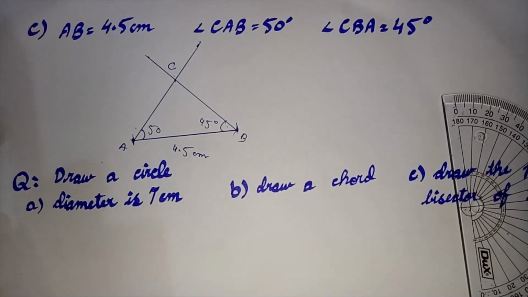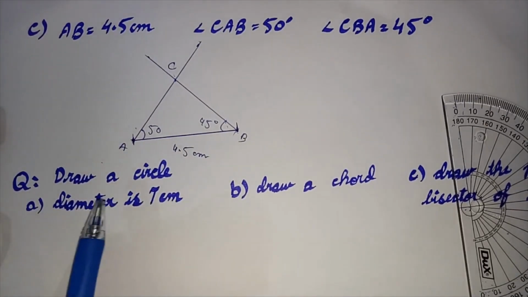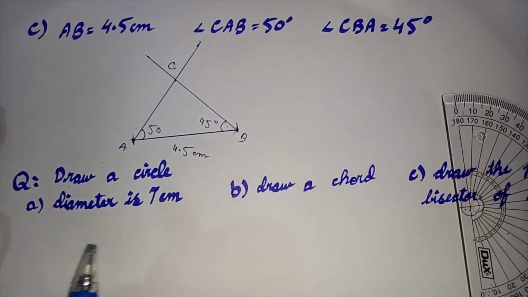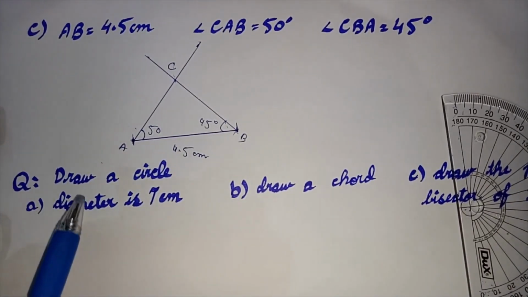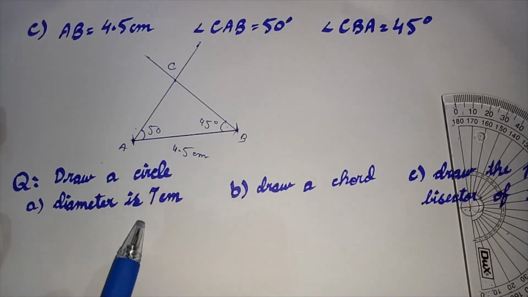Now we will see some circles. Okay, we will draw a circle if the diameter is given to us. We can draw a circle with the help of a radius. If we are given the diameter, we can divide the diameter by 2 so that we can get our radius, and with the help of radius we can draw a circle.